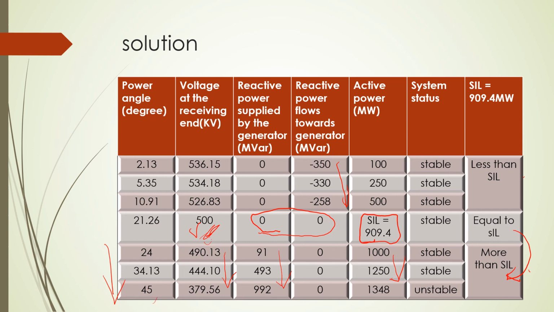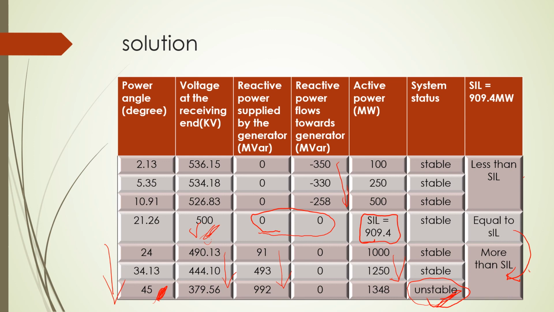We conclude here that at the angle of 45°, the system becomes unstable. Unstable means that up to 45° the system can supply the power, but at 45° the system reaches the unstable state. That is the steady state stability limit.